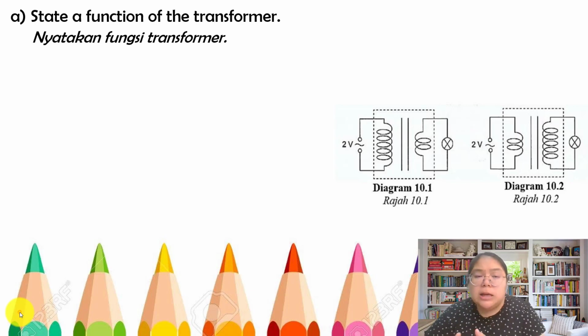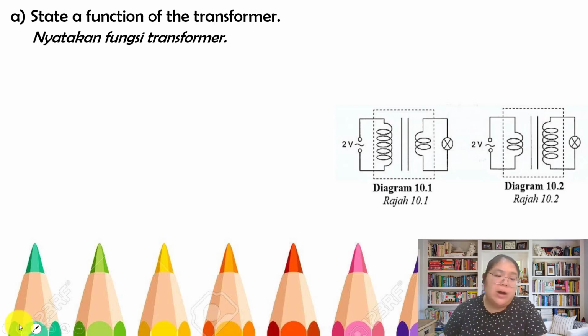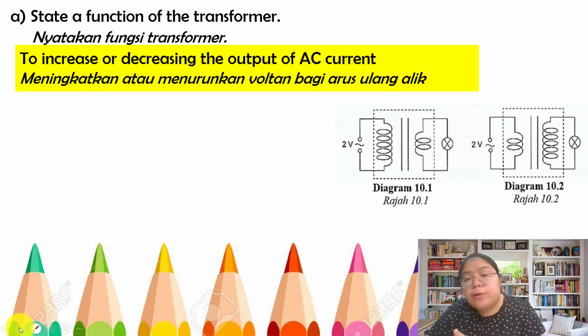They are important to make the output voltage higher or lower, so to increase and decrease the output AC current. You can talk about the volt or the current, because finally the volt also transfers to current, then the bulb can light up. This is the function of a transformer.